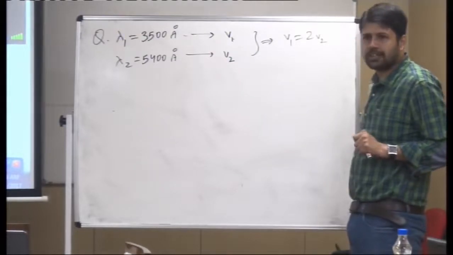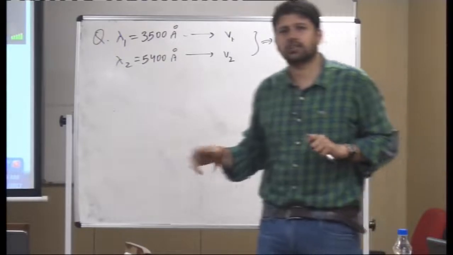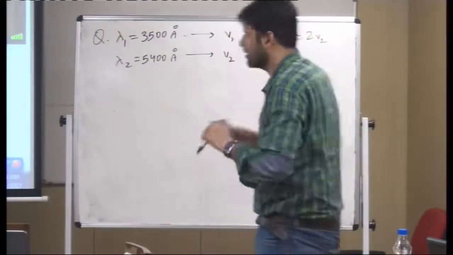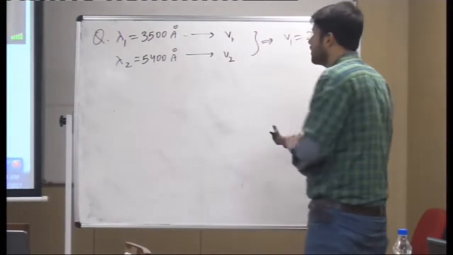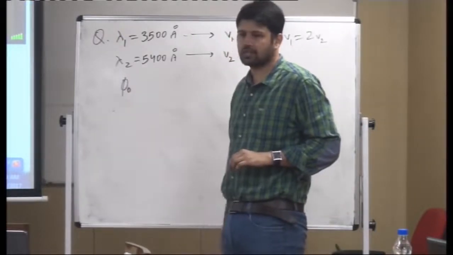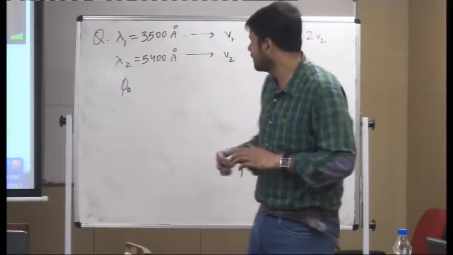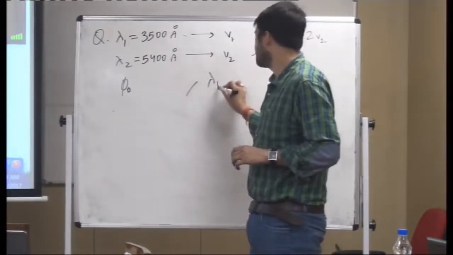The electron speeds are in this ratio. Electron speed in the first case is double that of the second case, right? So you need to find the work function and the threshold wavelength, both of them.